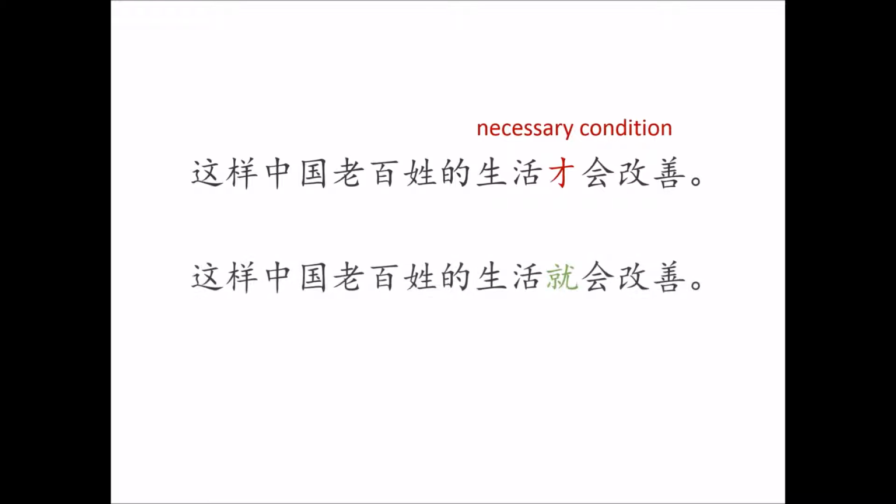So what if we change this sentence to 这样中国老百姓的生活就会改善. So in contrast to 才，就 indicates a sufficient condition. 所以这句话的意思是 As long as we do this, Chinese people's life will improve.